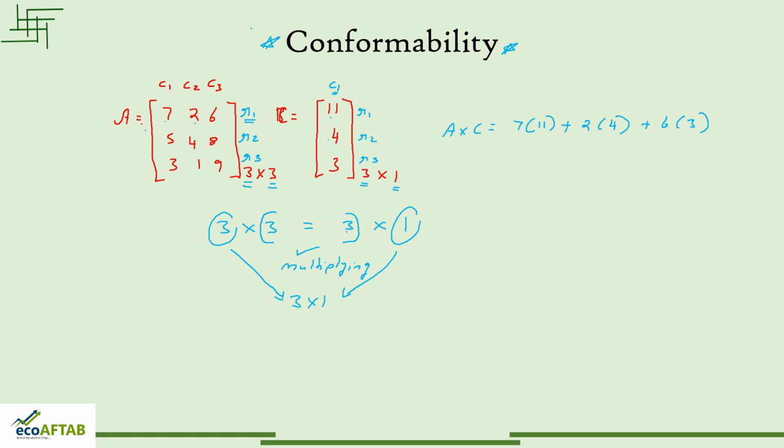Similarly, the next row, 5 multiplied by 11 plus 4 multiplied by 4 plus 8 multiplied by 3. And similarly, the third row, 3 multiplied by 11 plus 1 multiplied by 4 plus 9 multiplied by 3.